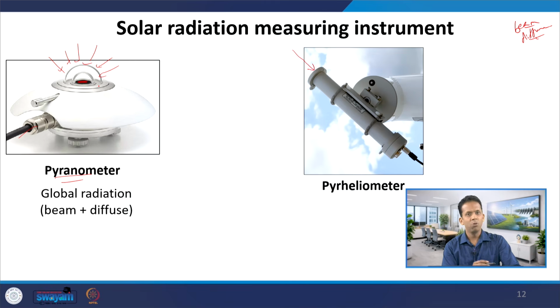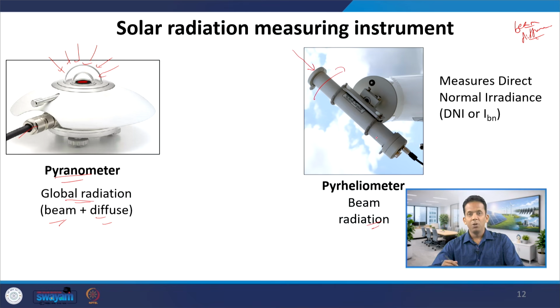It is typically used to measure global radiation, which is beam plus diffuse, whereas the pyrheliometer is used to measure beam radiation. This is actually tracking the path of the sun. The whole assembly is made in such a way that this equipment keeps rotating with the position of the sun, so that every time it is only the beam radiation which passes through this pyrheliometer.